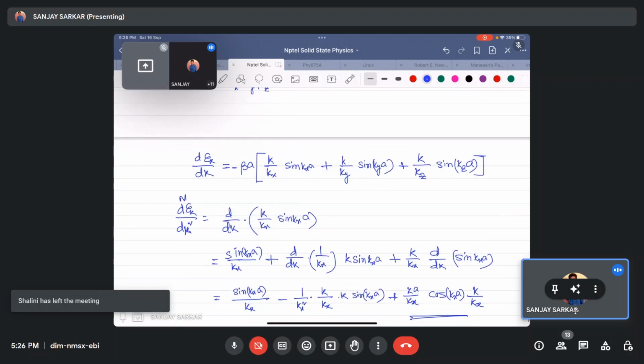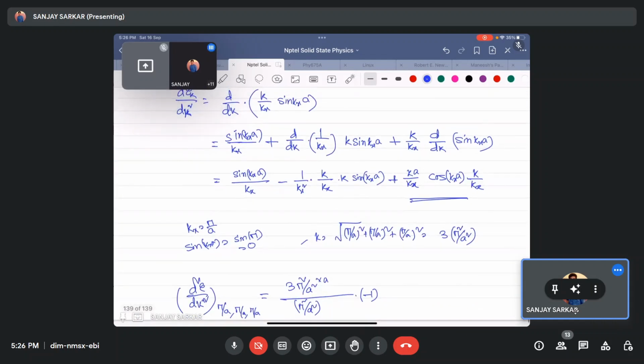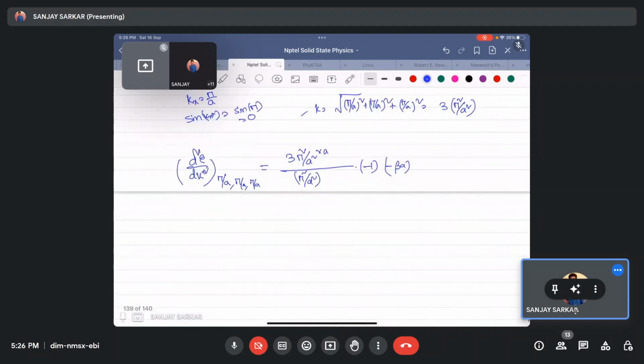There is also minus beta a outside. Since everything is equal, at the boundary we get another factor of 3, so ultimately pi square cancels out and we get 9 beta a square.